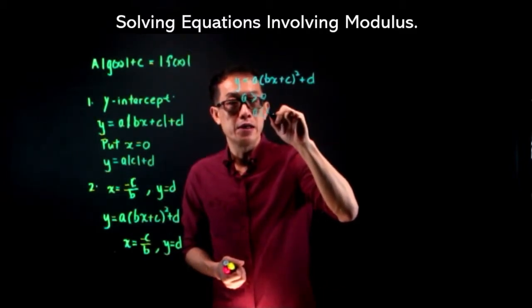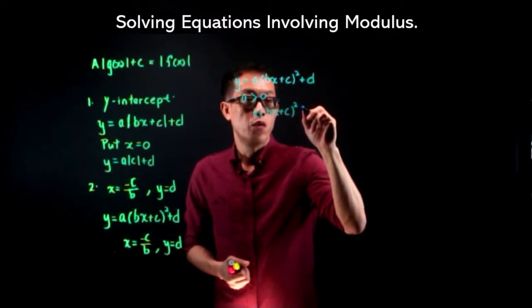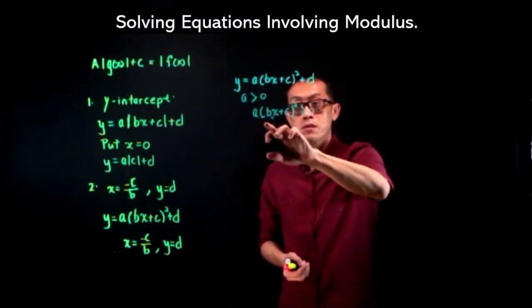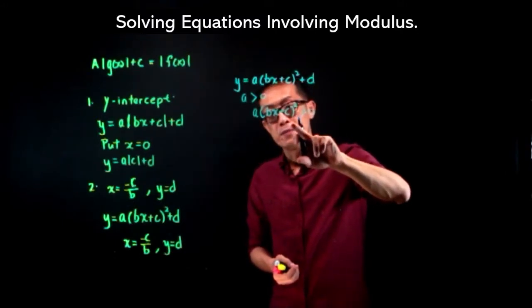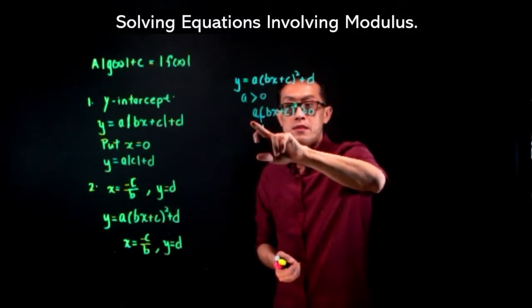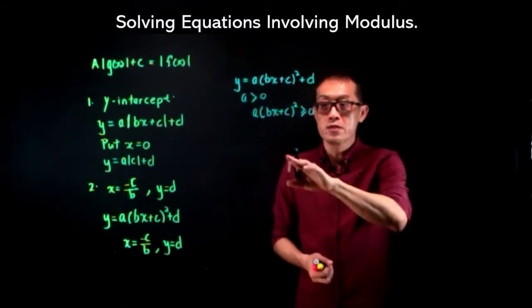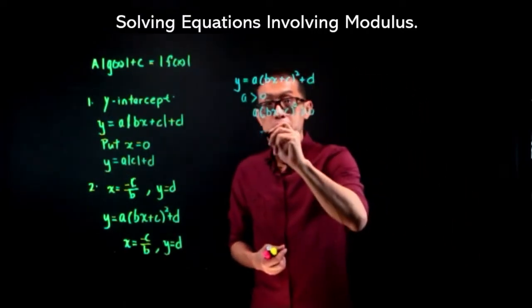Then a times bx plus c, the whole thing squared, will be greater than or equal to 0, because when you square an expression it is always positive or 0. Multiplying by a number greater than 0, this is still greater than or equal to 0. Then you add d to it.